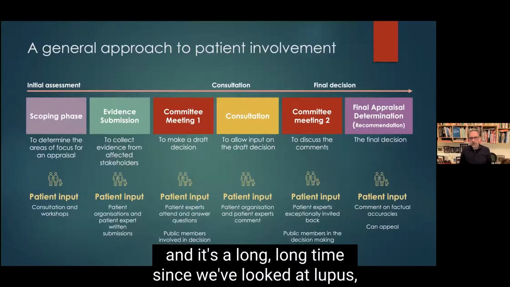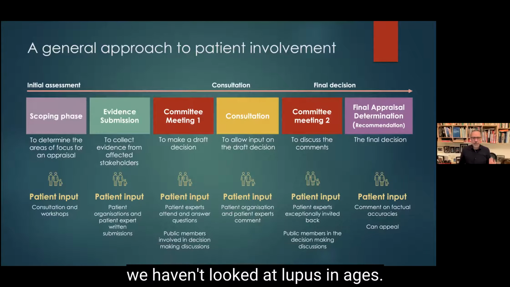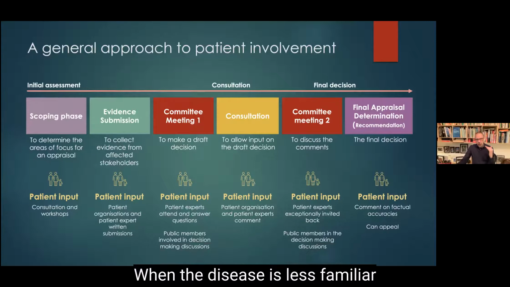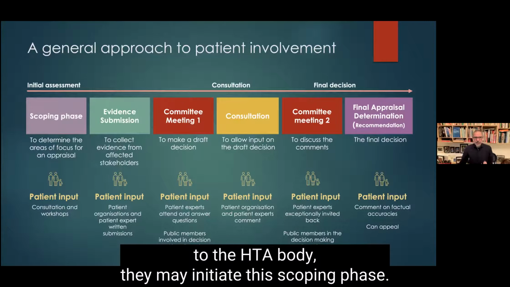And it's a long, long time since we've looked at lupus. We haven't looked at lupus in ages. So we need to understand in this scoping phase, we need to understand more about how patients experience lupus and its current treatment. So when the disease is less familiar to the HTA body, they may initiate this scoping phase.